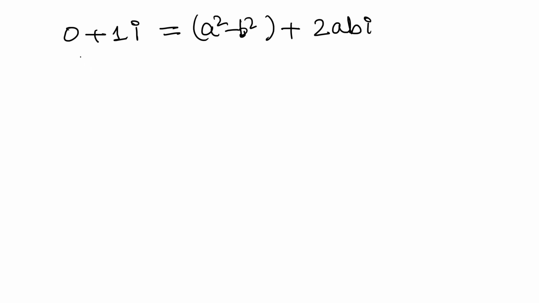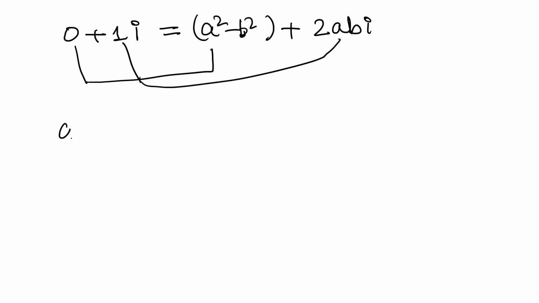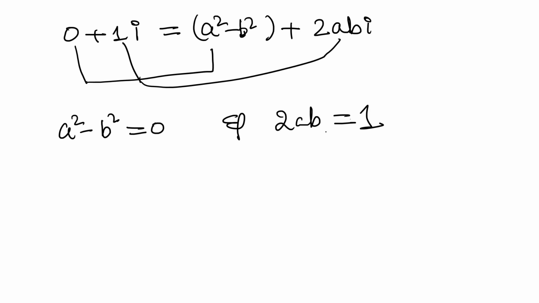If we equate real parts from LHS and RHS and imaginary parts from LHS and RHS, we get a square minus b square equals 0, and twice of ab equals 1. These are the two simultaneous equations that we are getting. We can very easily solve these simultaneous equations to get the values of a and b.